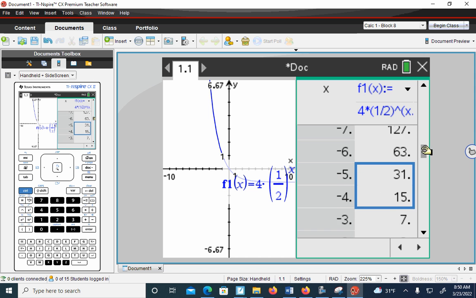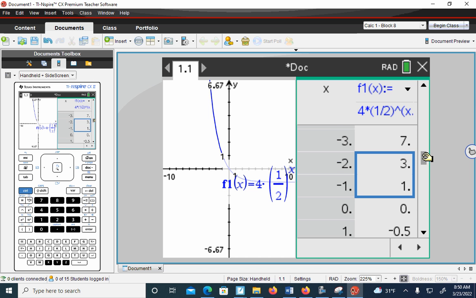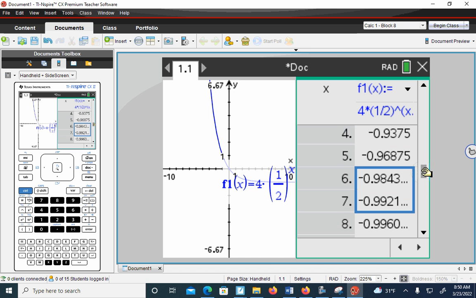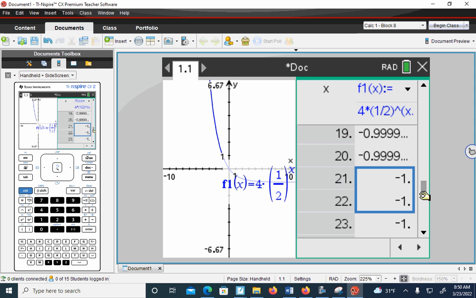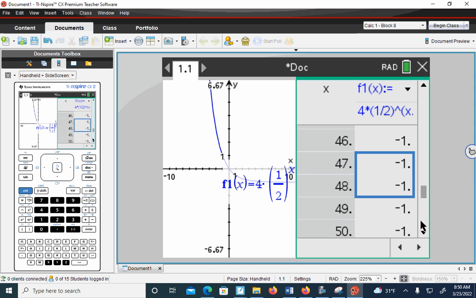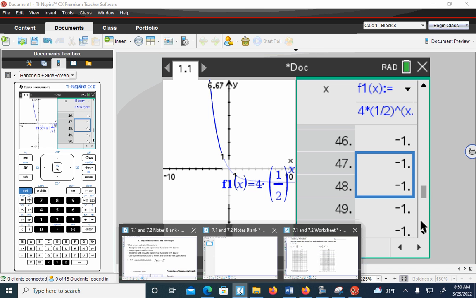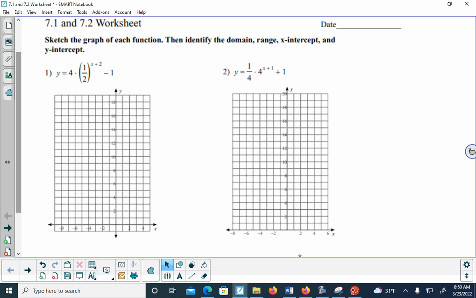Notice that it goes through (0, 0), (-1, 1), (-2, 3), and as x gets larger and larger, it's getting closer and closer to negative 1. Your calculator will eventually say negative 1, but I'm hoping you know that it's negative 1.